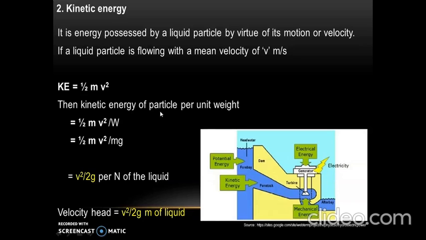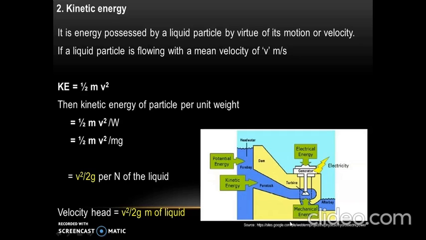And the kinetic energy of particle per unit weight is equal to kinetic energy divided by W. Kinetic energy is half mv square and W is m into g, where m is mass and g is acceleration due to gravity. So this will be equal to v square by 2g per Newton of the liquid. And velocity head is written as v square by 2g meter of liquid.